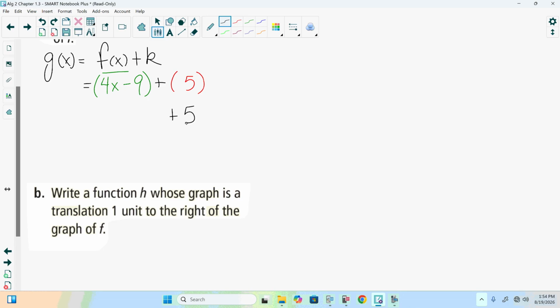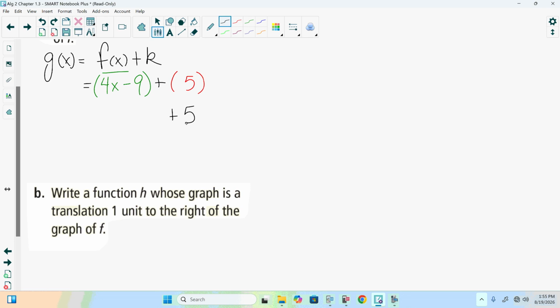Whenever I substitute something in, I always put it in parentheses, just to make sure our order of operations still holds true, especially in calculators, graphing calculators. It will follow an order of operations, and if they're not there, it won't do it quite right.